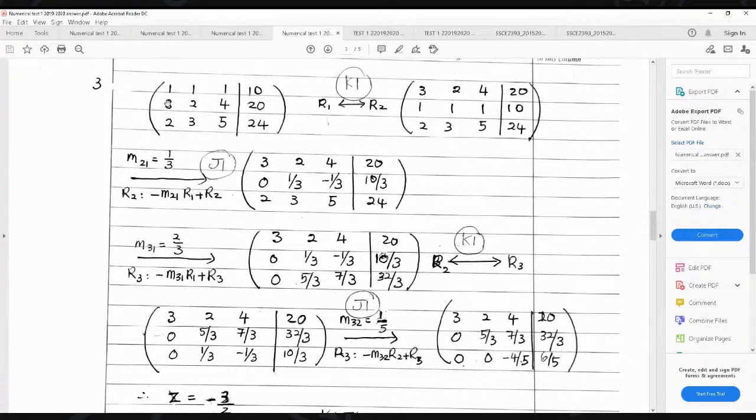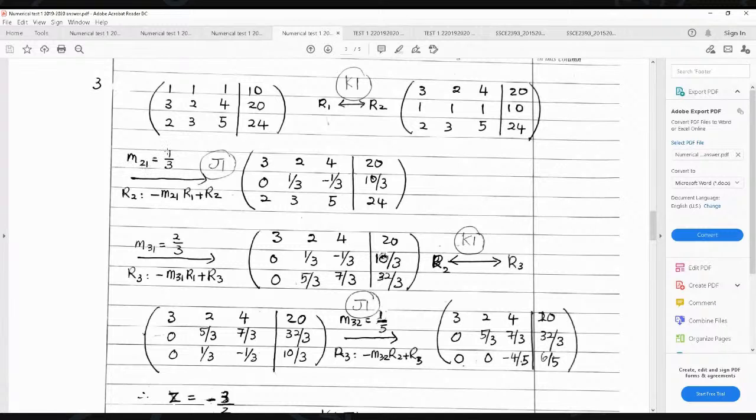Among the values 1, 3, 2, the biggest is 3. So you change row 2 and row 1, because you want to bring the greatest value to A11. You want A11 always greater than A21 and A31. You have to know the parameter of Gauss elimination.